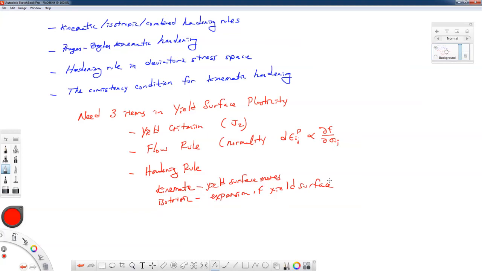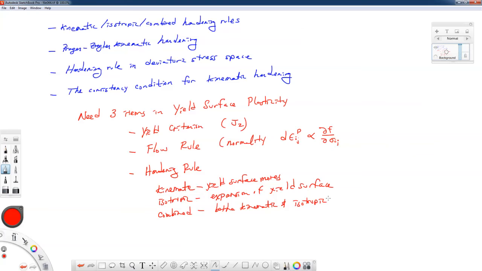And combined hardening rules. And so we can look at each one of these. We're going to focus on kinematic hardening.